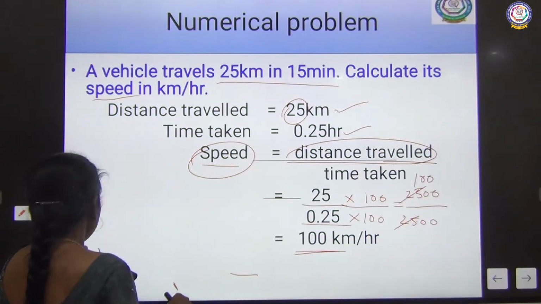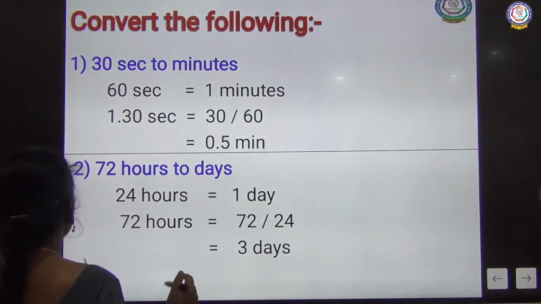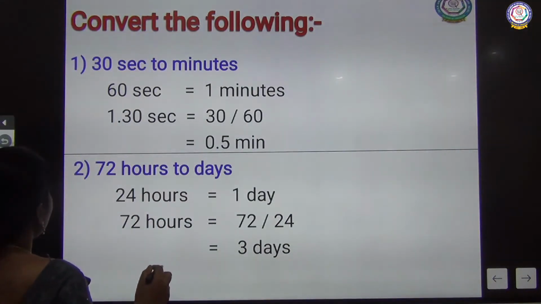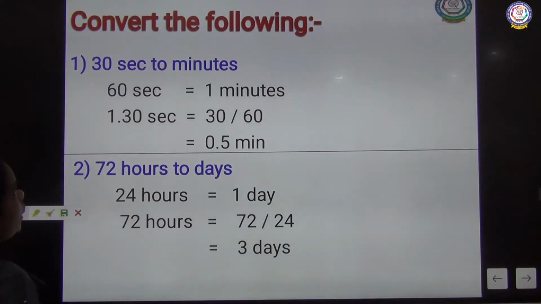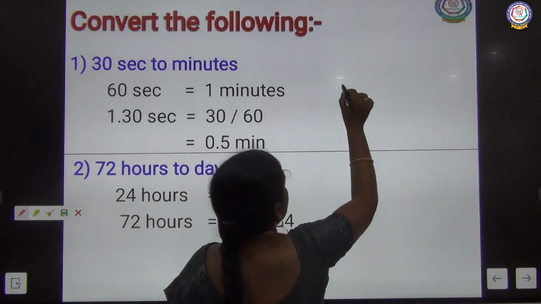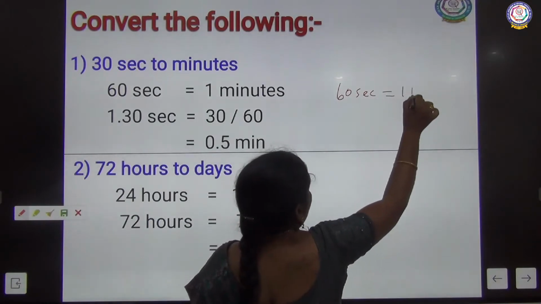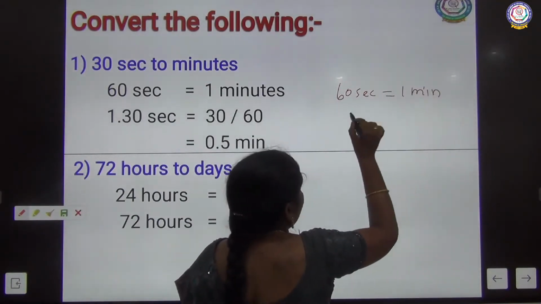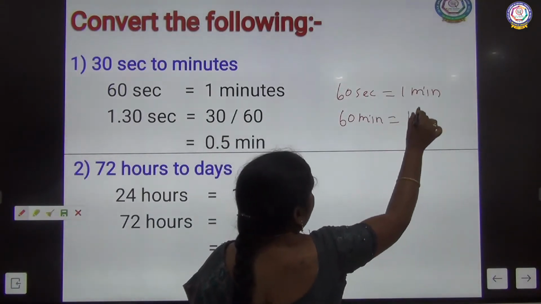So next, we are going to convert seconds into minutes. How to convert? Already you know the conversion: 60 seconds equal 1 minute and 60 minutes equal 1 hour.